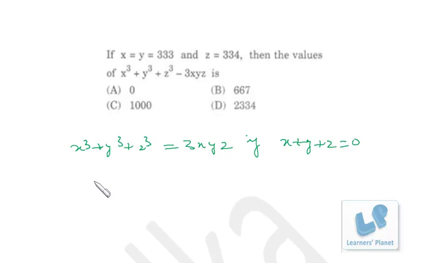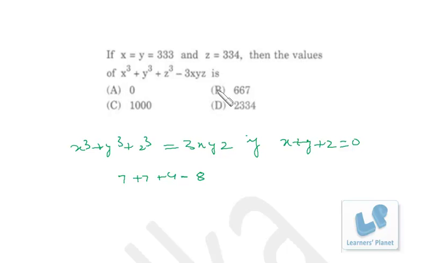Now instead of applying any formula, what we can do is calculate the unit digit of this given expression, right? For x cube, the unit digit will be 7, y cube, the unit digit will be 7, z cube, the unit digit will be 4. Minus the unit digit of 3xyz: 3 into 3 into 3 is 27, the unit digit is 7, and 7 into 4, the unit digit is 8, right?